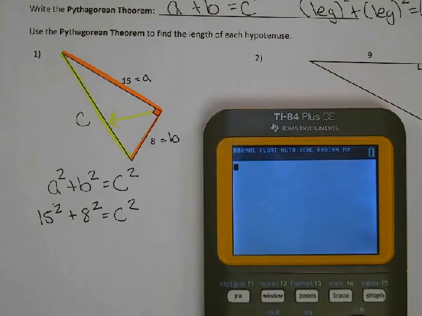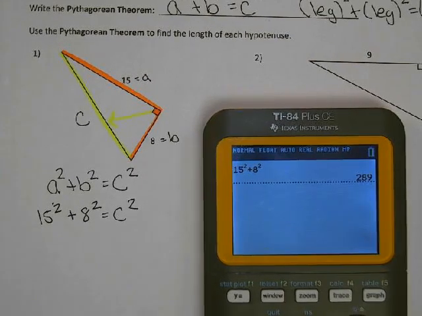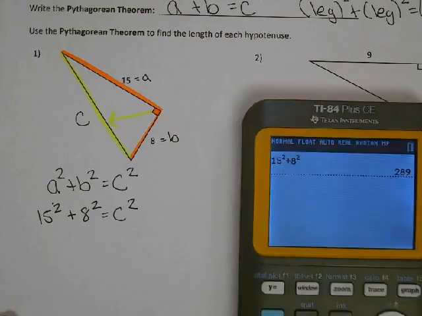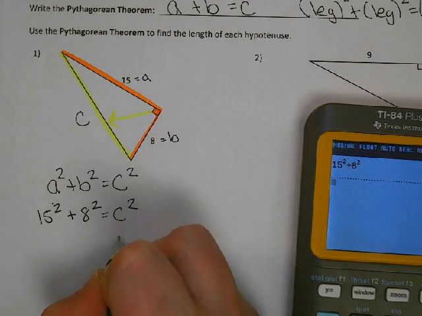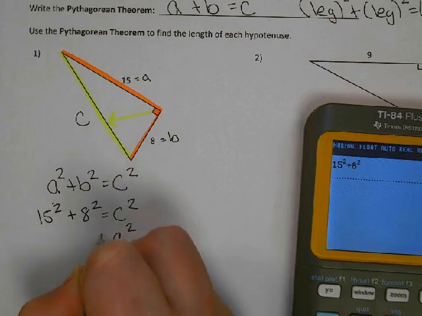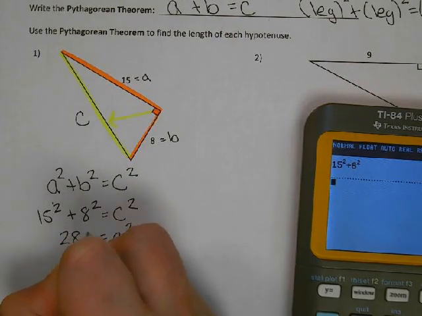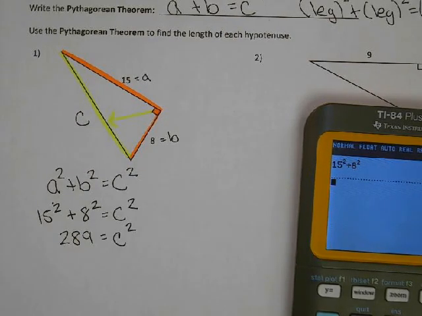So 15 squared plus 8 squared gives us 289. So C squared is 289. Are we done? No, why not? What do we want? We want the square root of it. We want just C, right?